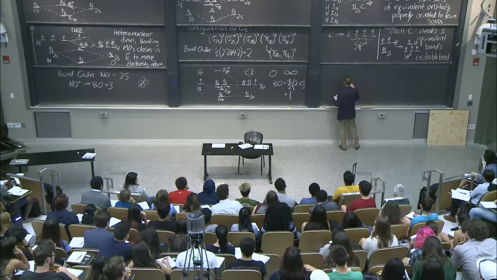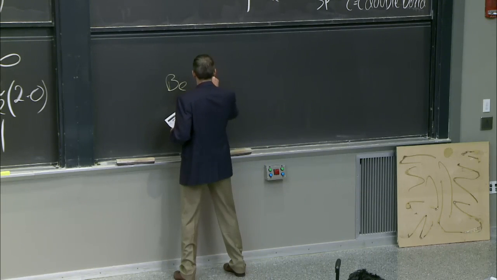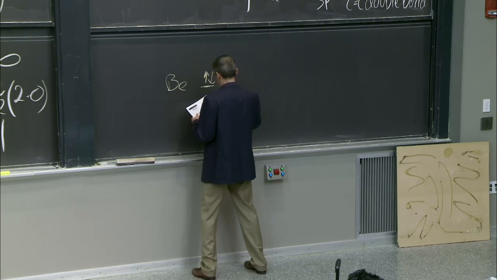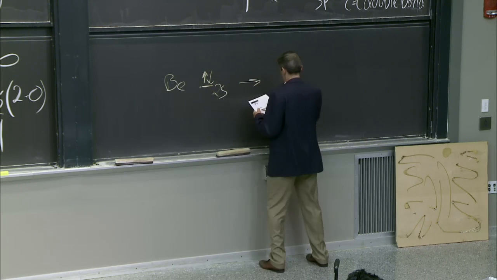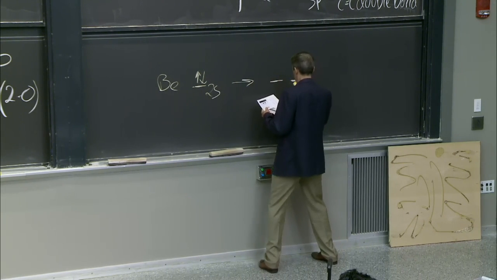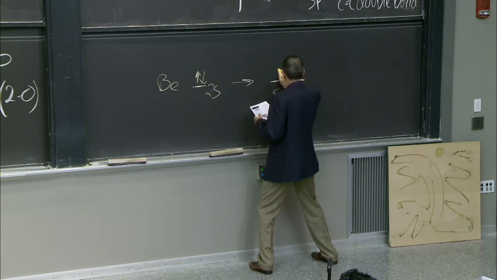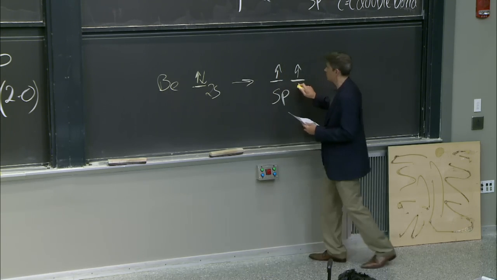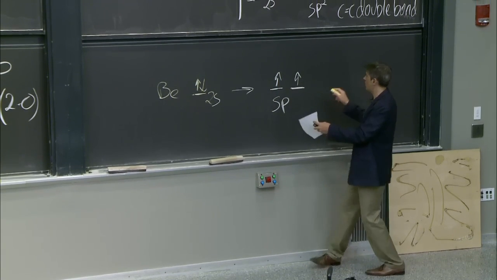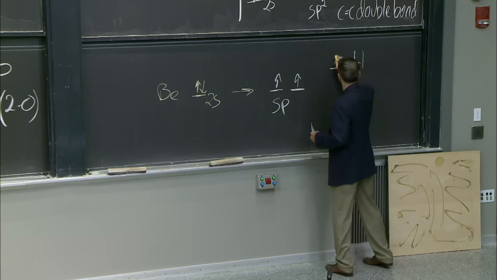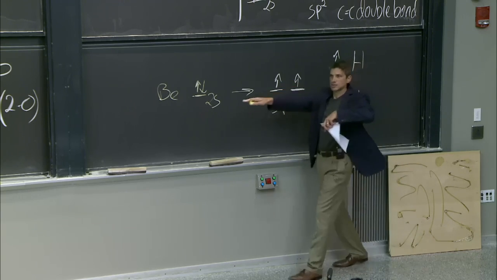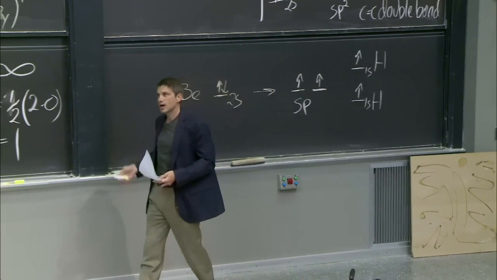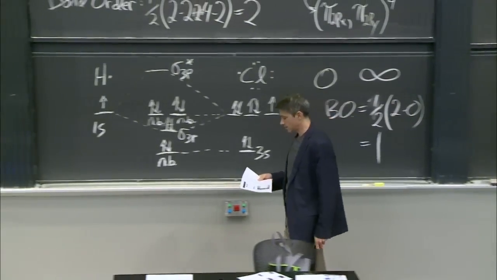Be starts with these s electrons filled, right? But if Be had something more like this, if it had an sp electron in each of those orbitals, well, now when I see the 2 1s H orbitals coming at me, I can form those equivalent bonds. So BeH2 will also hybridize to make that molecule.